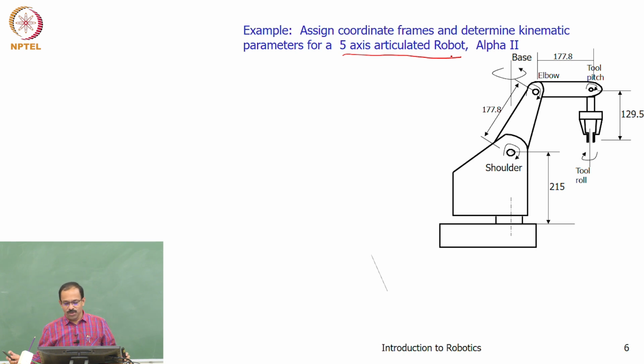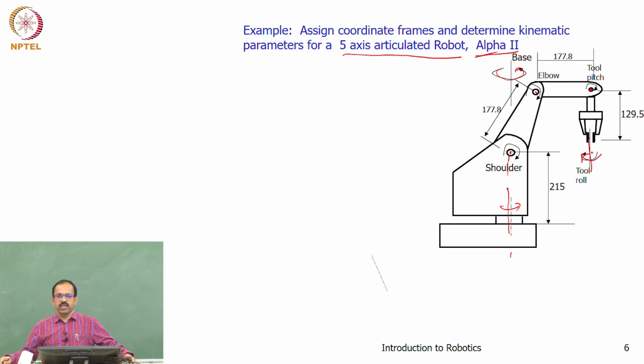Okay. So, now this is Alpha 2, a commercial robot manufactured by one company. This is the configuration of these robots. You can see there is a base joint, which is shown here, then a shoulder joint, then an elbow joint, then a tool pitch, and then a tool roll.